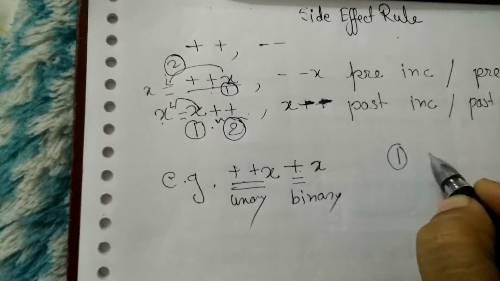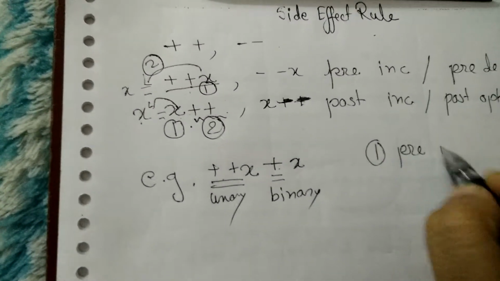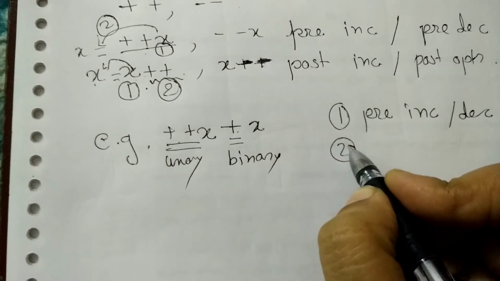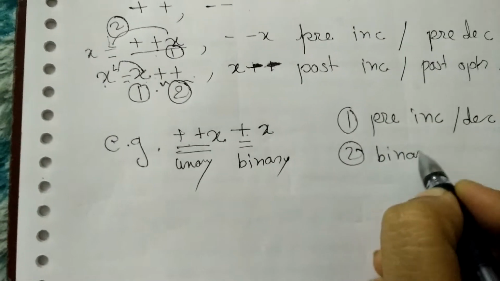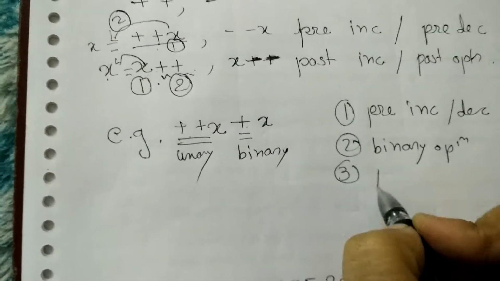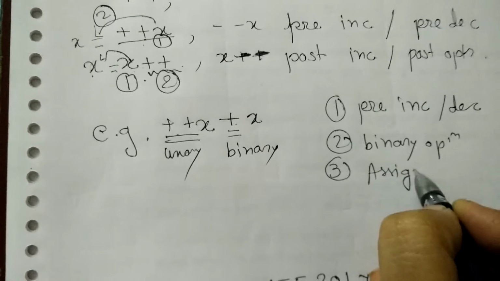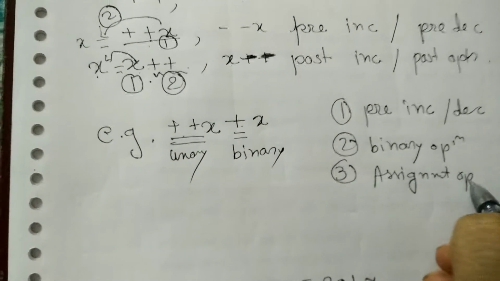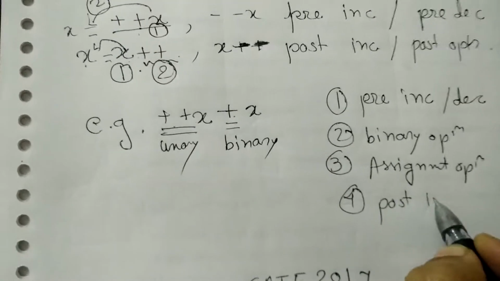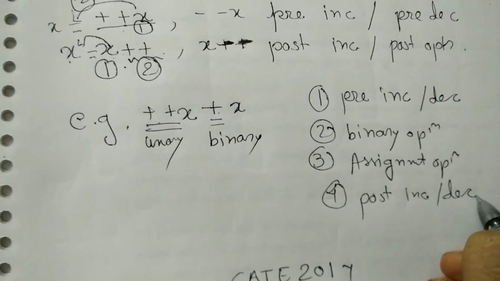Here the first operation that has to be performed is pre-increment or decrement. The second operation that we have to perform is a binary operation. The third operation that we have to perform is an assignment operator. And the last operation that we have to perform is a post-increment or decrement operation.